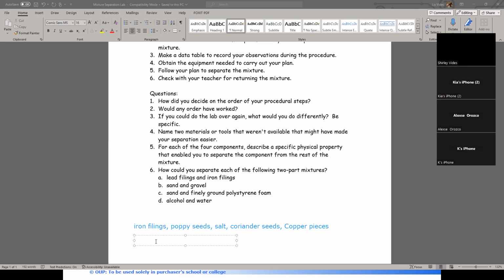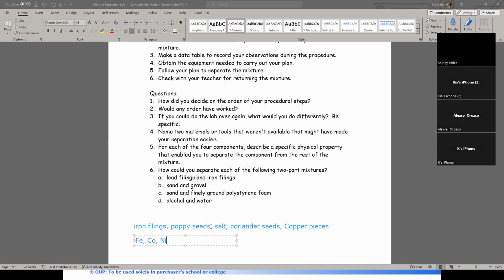So iron is one of them, right? Copper is not. So we could use a magnet. See, that's up here. The equipment on there is in your sheet, and it tells you what to do. So that's the first one.